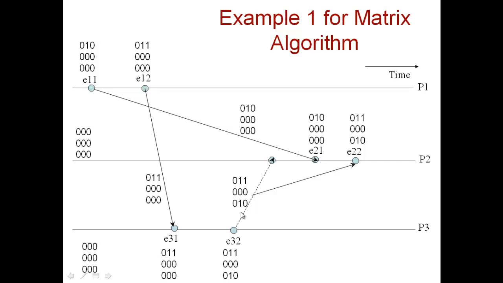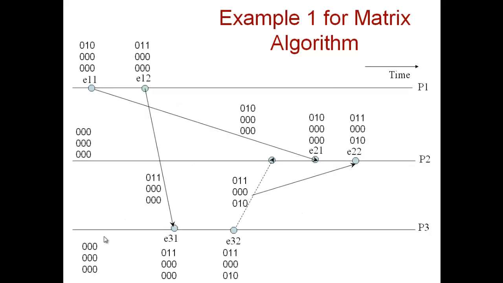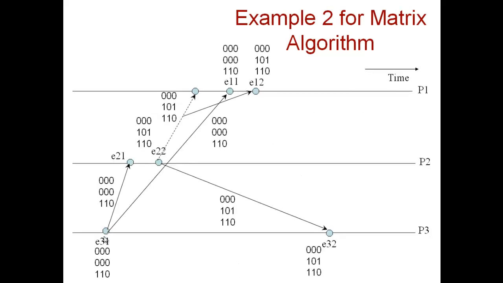Okay, so here is another example. Here P3 does a broadcast. The previous example was for unicast, and this is for broadcast. So P3 is sending a message to P1 and P2.